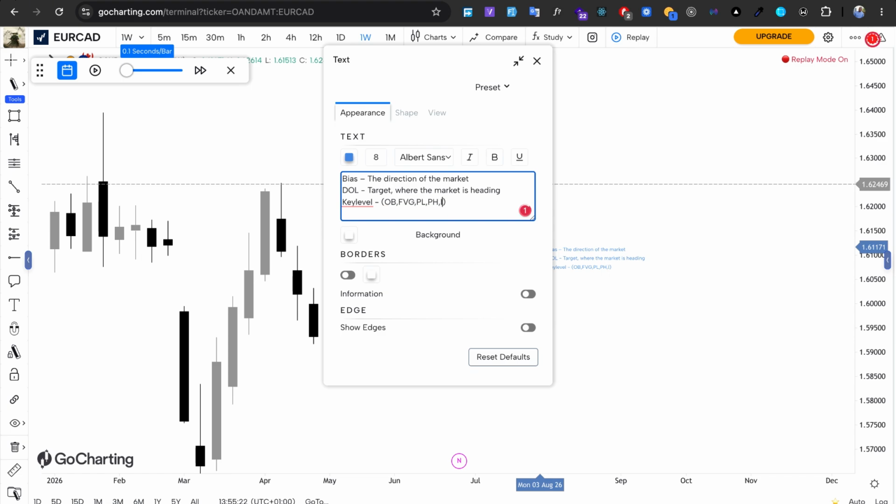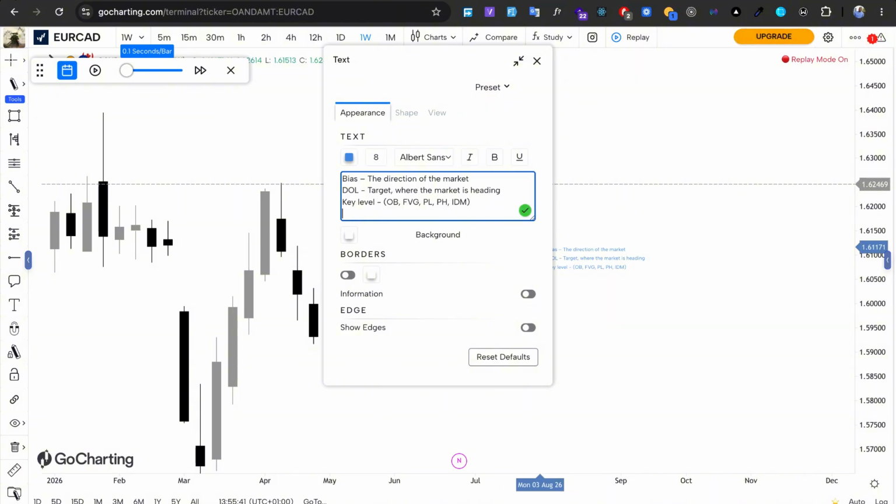It can be inducements and all, you understand. I don't do breaker blocks, actually.